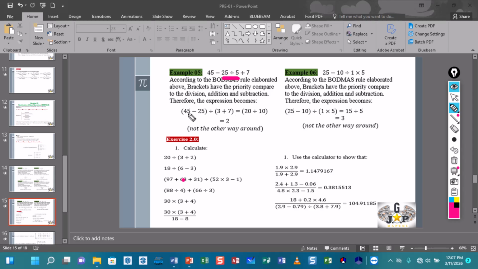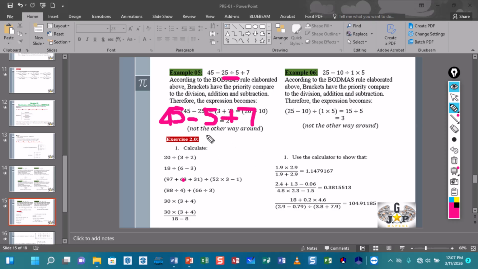Meaning that we have 45 minus 5: 25 divided by 5 gives us 5, because 5 times 5 gives us 25. Then 5 plus 7, right? This is what's going to be.